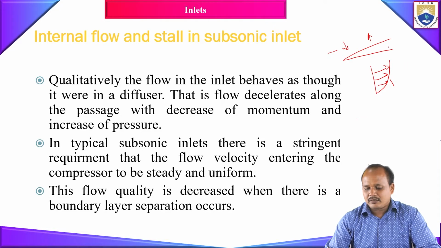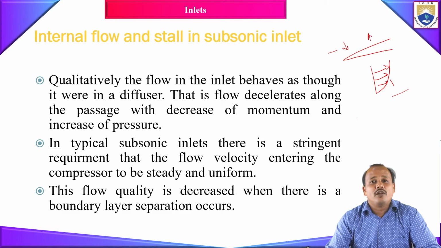Okay, but if the pressure keeps getting increased and momentum is getting decreased, what is going to happen is that the flow will not have sufficient energy or momentum to move forward against this increase in the pressure. Right? So already your pressure is increasing.